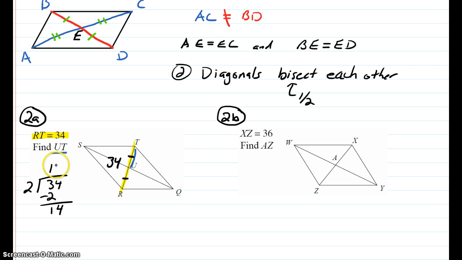Half of 34 is 17. That means this piece here is 17. So now we write a sentence that UT is equal to 17. Pause the video, try 2B on your own, make sure you have it in your notes, and make sure you write a geometric sentence.